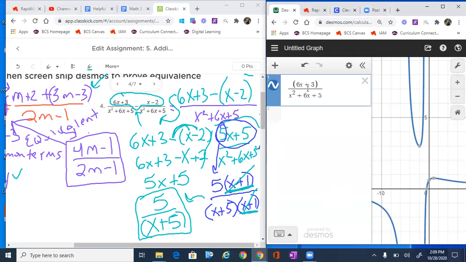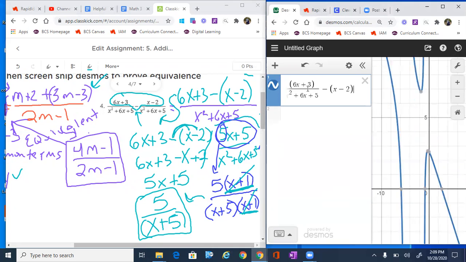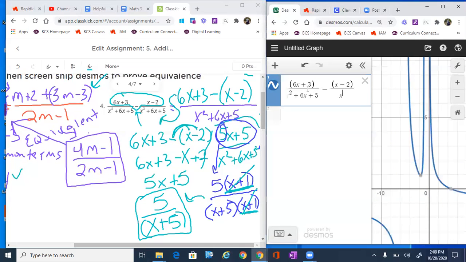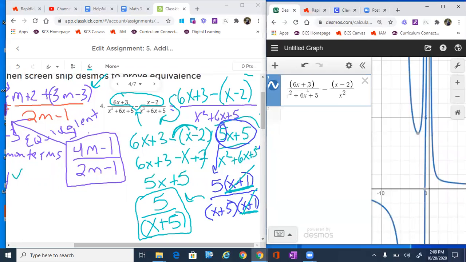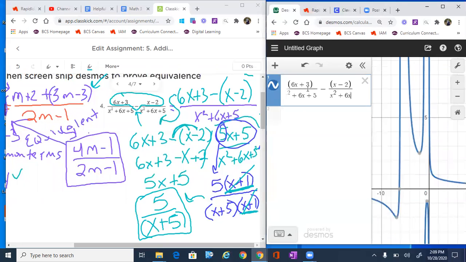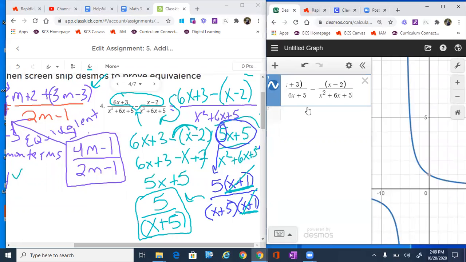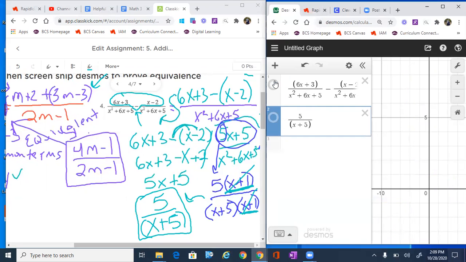Then I'm going to put subtraction, and then x minus 2 divided by x squared plus 6x plus 5. And we check our work simply by typing in our answer, 5 divided by x plus 5. And notice what happens. Our original work is exactly the same as our answer, so they are equivalent.